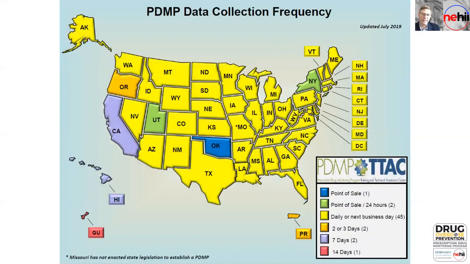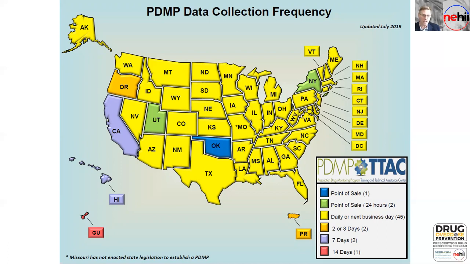And how frequently is this data reported? Well, as you can see by this, 45 states are having their data from the dispensers reported on a daily basis. Oftentimes, depending on the state, that may be considered every 24 hours. It may be considered the next business day to account for holidays and weekends, but it's typically reported daily, which is very important.